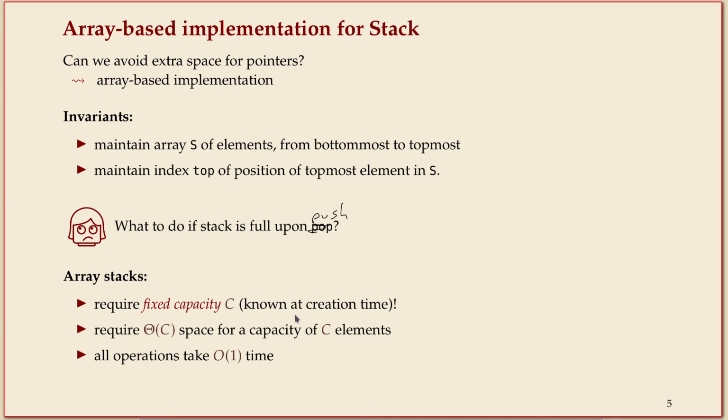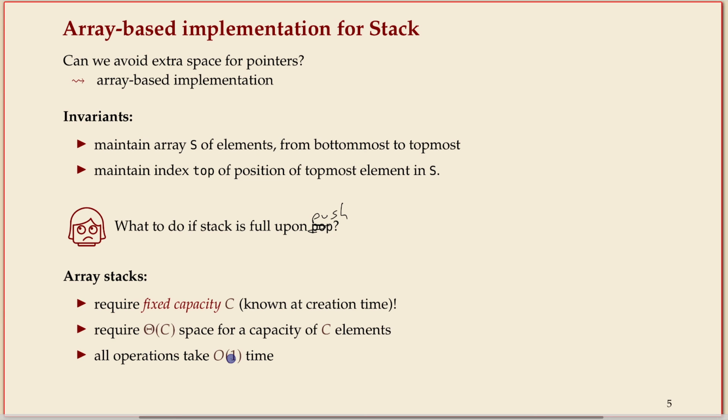So what this is at the moment is a fixed capacity stack. At creation time, we have to tell what's the maximal number of elements we're ever going to put into this stack, and we can't push more elements than that. Then we need theta of C space. Again, if C is too small, you're screwed. If C is too large, you waste the space.